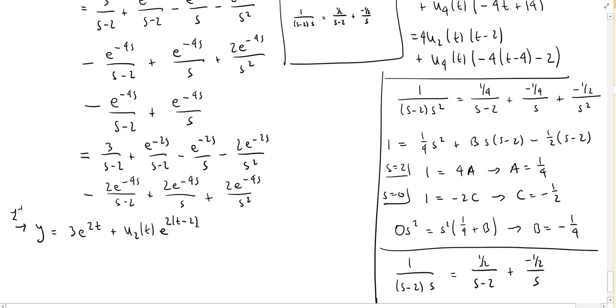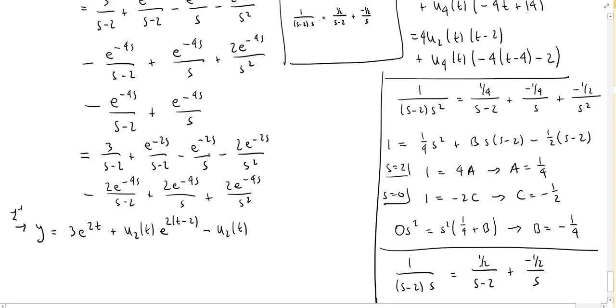Okay, so now we go to the next one. This is minus 1 over s, which would be the Laplace of 1. However, there's this e to the negative 2s, so again we get a u2 of t. So we have minus u2 of t times the original function shifted by 2. But the original function, what gave us 1 over s, was just 1.